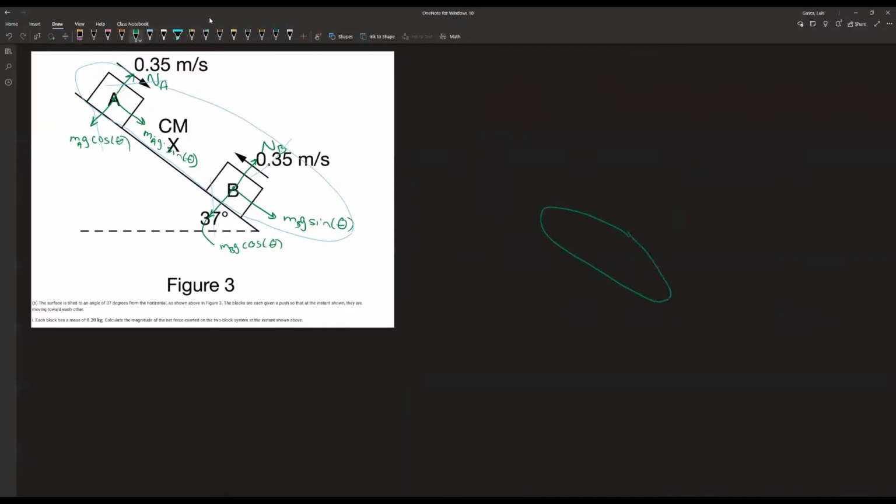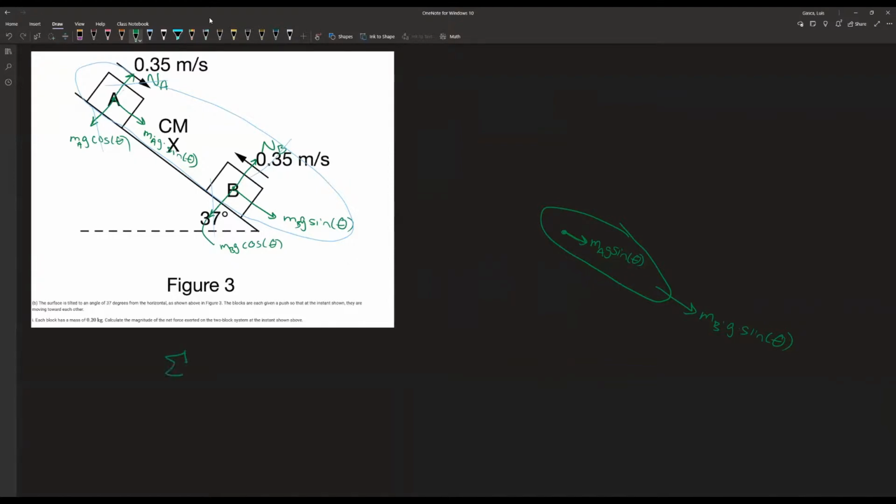So in my blob, I happen to have the weight of block B times sine of theta acting down, and the weight of block A, sorry, sine of theta acting down. Now, even though I drew this force inside the blob, it is not an internal force to the system. Here, the Earth is pulling on block A and block B, so they each feel an external force due to gravity that is unbalanced, and that's the component along the ramp.